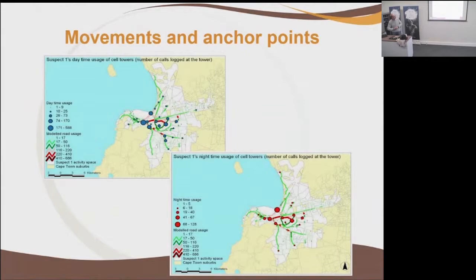The first one that I want to talk about is movements and anchor points of a gang member. He was actually the head of the Little Americans in Cape Town. I was looking at his daytime pattern and his nighttime pattern, and you could clearly see there's an anchor point over here during the day.